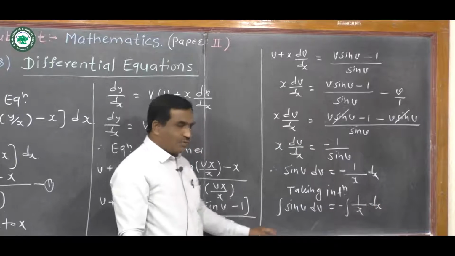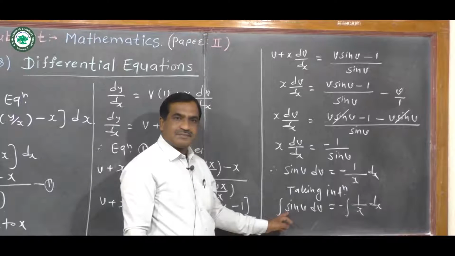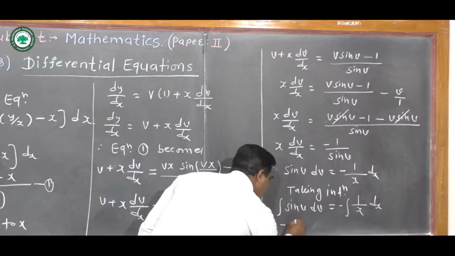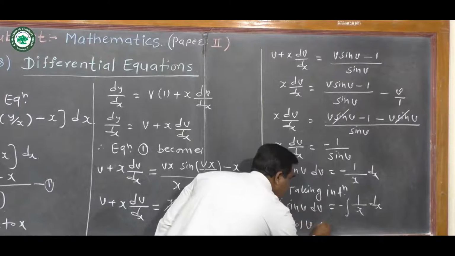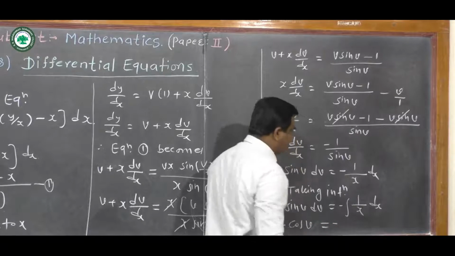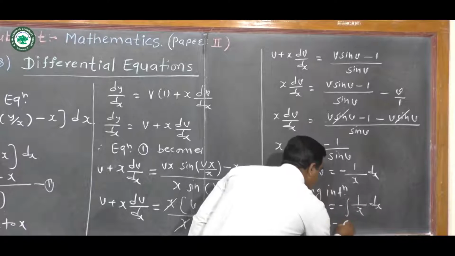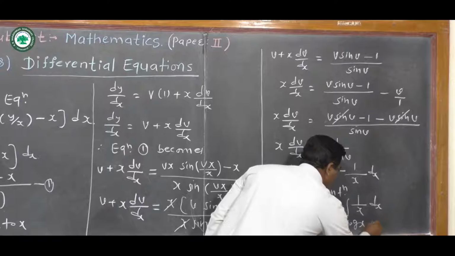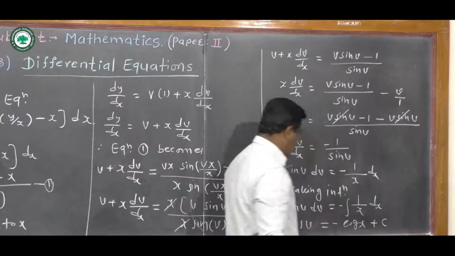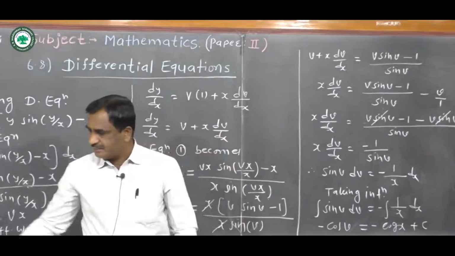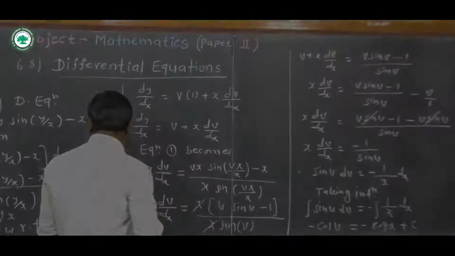Okay, now we know that integral of sin v is minus cos v. Integral of sin v, minus cos v, is equal to minus integral of 1 upon x, which is log x, plus constant of integration c. Now multiply this equation by minus sign on both sides.